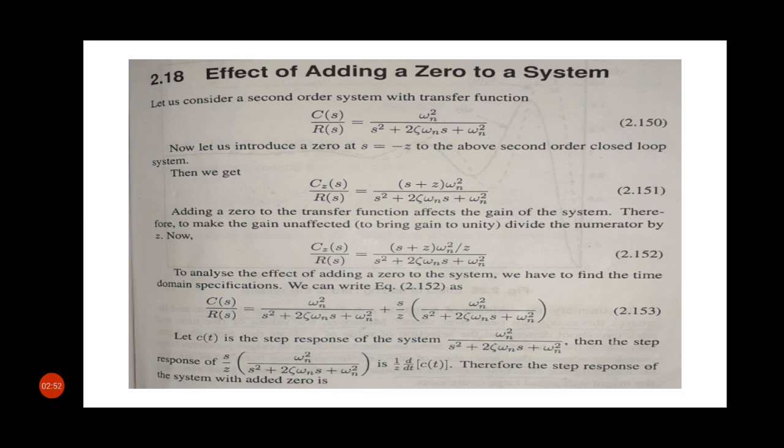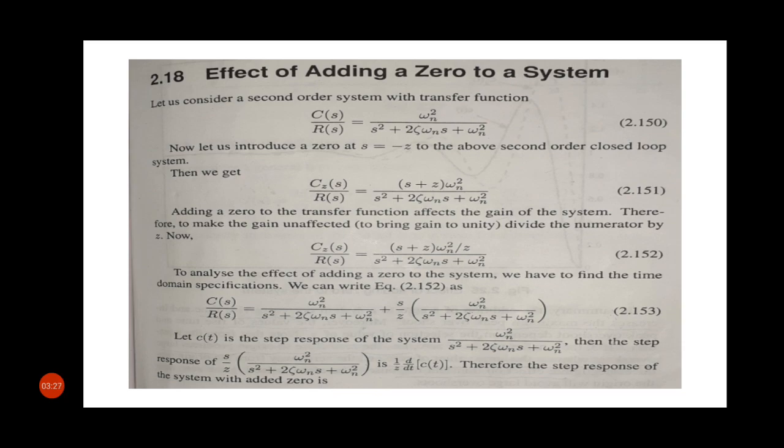Therefore, to make the DC gain unaffected, that means to bring the gain to unity, we divide the numerator by z. If we divide the numerator of equation 2.151 by z, then we get Cz(s)/R(s) equal to (s plus z) into omega n square divided by z, and this whole divided by s square plus 2 zeta omega n s plus omega n square.